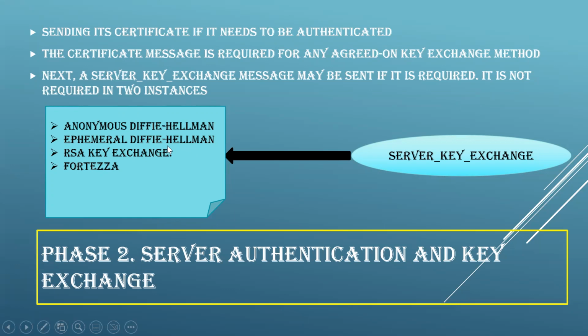Ephemeral Diffie-Hellman is where this message may include Diffie-Hellman parameters, and a Diffie-Hellman signature value should also be provided. And RSA key exchange is used when a client cannot send a secret key that is encrypted with the server's public key.